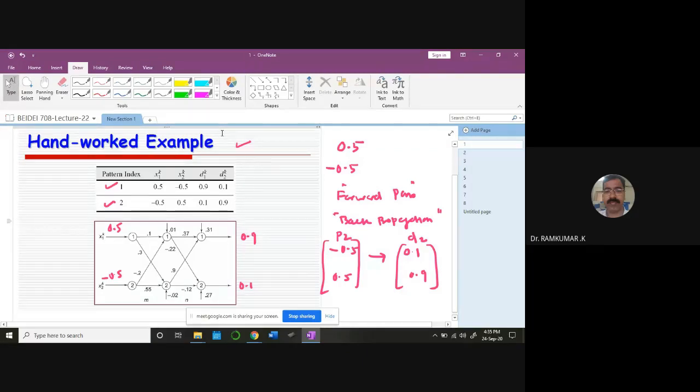Do you understand the question clearly? What is expected from you? You need to work out at least 2 iterations for this problem by updating the weights 2 times. That's the problem.